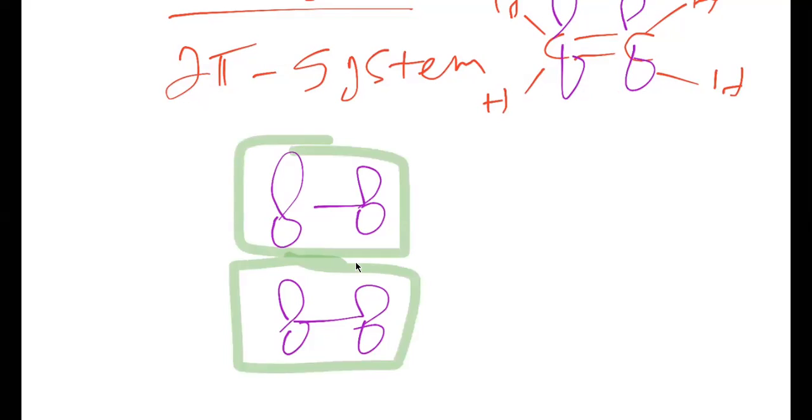So now here are my molecular orbitals, and again, I'm treating this like a wave. And if I think about it as a wave, then there are some other things I have to take into consideration, like the energy of the wave, which is going to increase going in this direction.